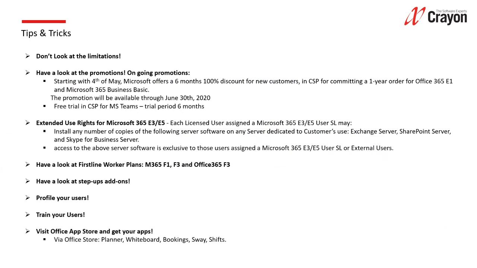So the first one is don't look at limitations, meaning that you know that Office 365 plans are limited. Some of the plans, obviously, are limited to 300 users. I just wanted to mention that this 300 users limitation applies per plan, per product category, not per company.